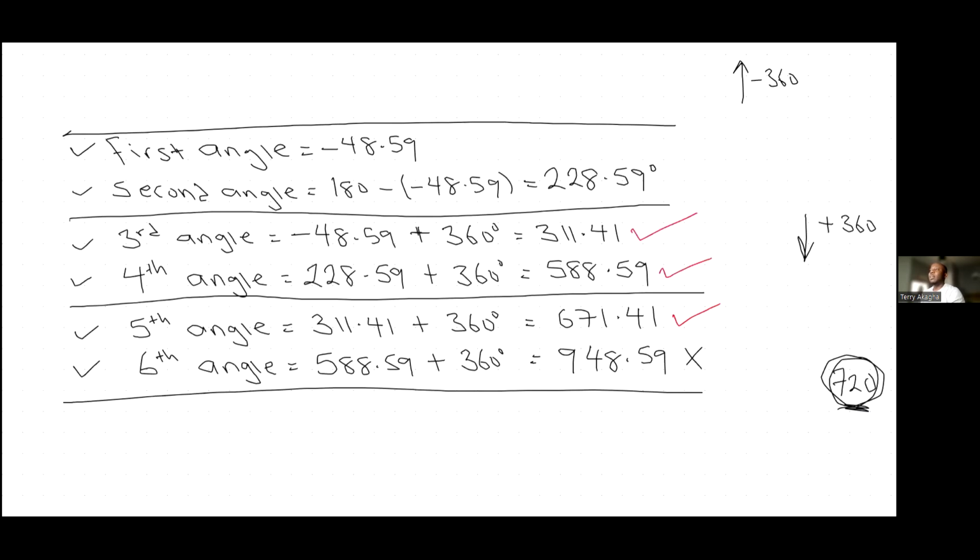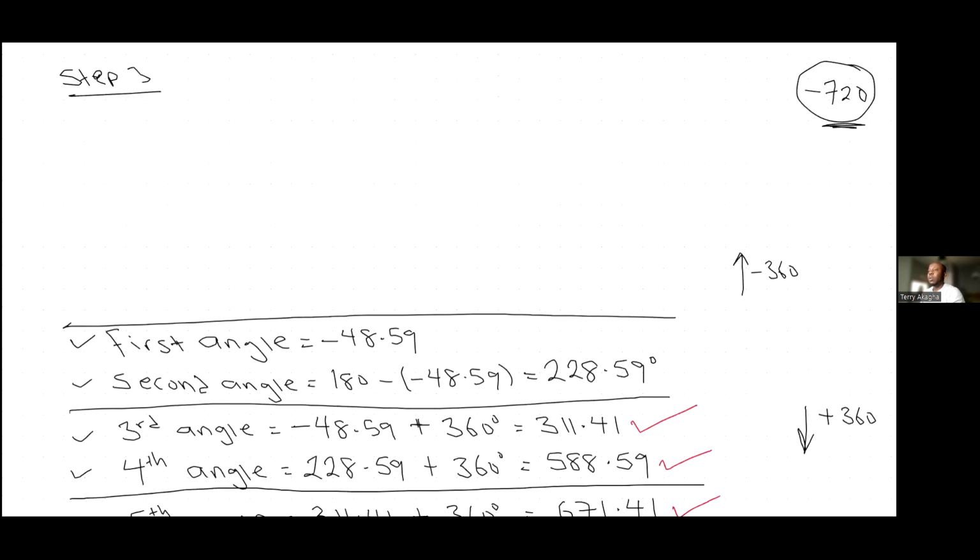Now let's go to the negative axis. So this is the positive direction. Let's go to the negative direction now. So the third angle in the negative direction: you start from the second angle, and you'll be subtracting 360. As you're going up, you'll be subtracting.